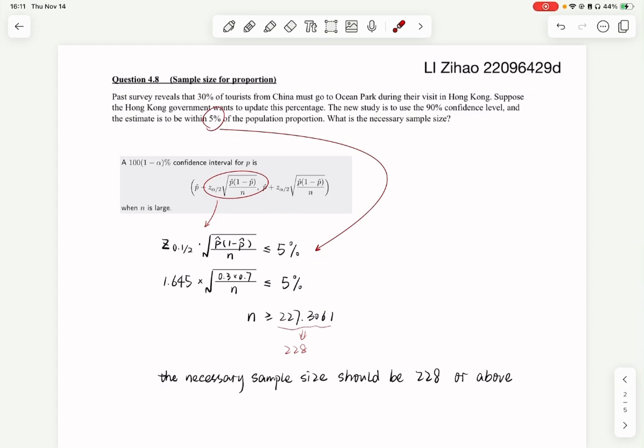And since the number of people should be an integer, the smallest number of people should be 228. And finally, we can know that the necessary sample size should be 228 or above.